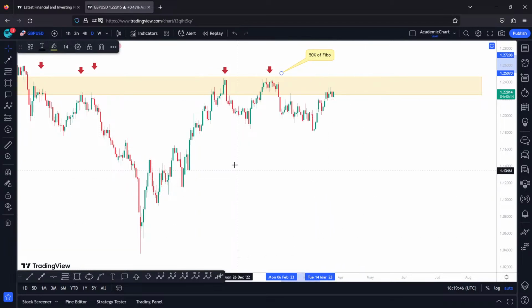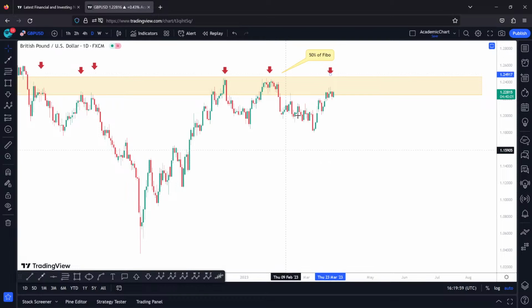After that, we're seeing some sort of range market after reaching these levels, creating a double top, or maybe recently creating another top here. We are going to discuss this more, but as the daily structure, I'm seeing this range market.